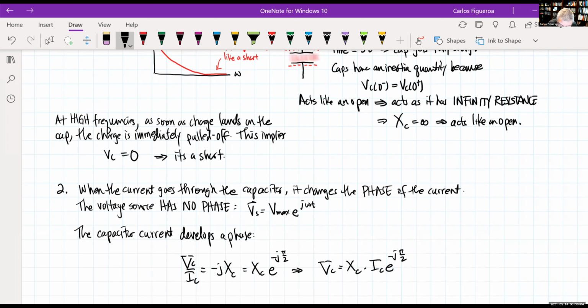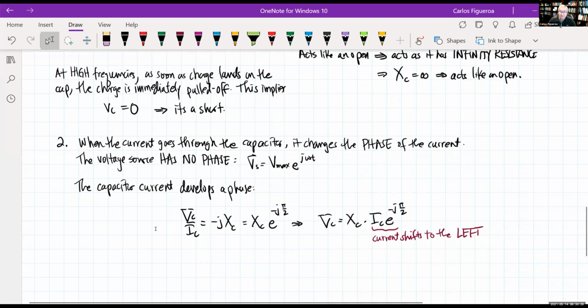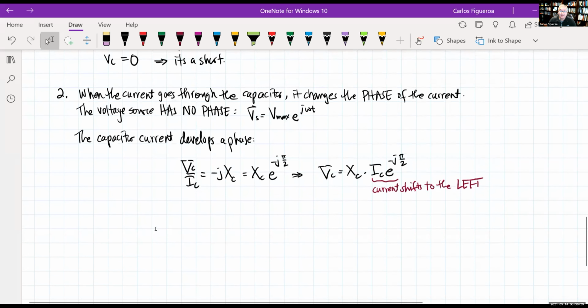So what this tells us here is that the current shifts not to the right, but to the left. So the current shifts to the left this time, not the right. And as a consequence of this, the current leads the voltage, not the other way around.